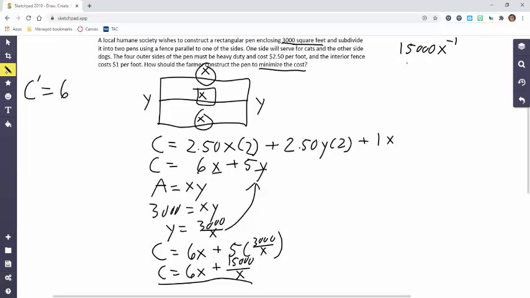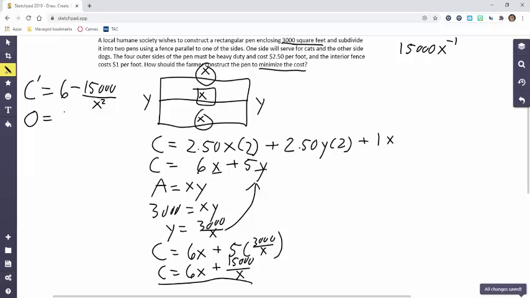So take the negative 1 down, so 15,000 times negative 1 is negative 15,000. And then we subtract 1 from the power, negative 1 minus 1 is negative 2. And so that gives us negative 15,000 divided by x squared, because x to the negative 2 is just dividing by x squared. Now we can set this equal to 0 and solve for x.